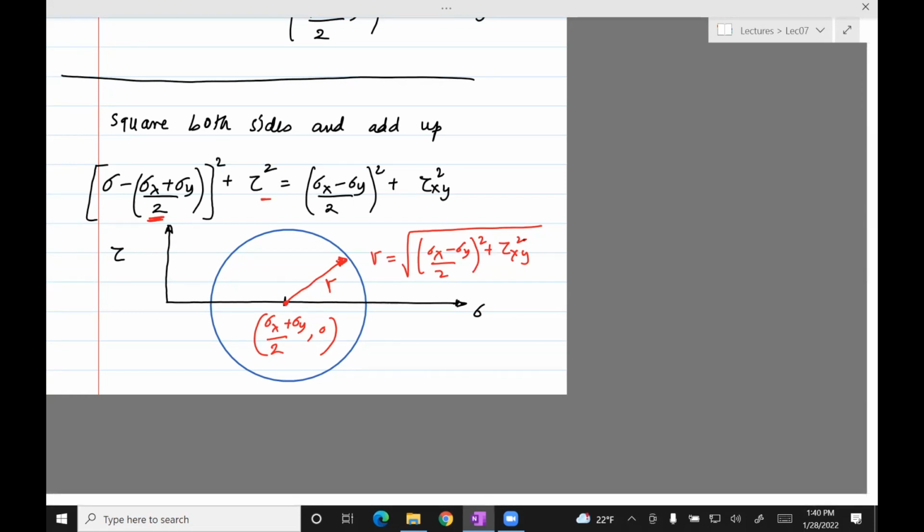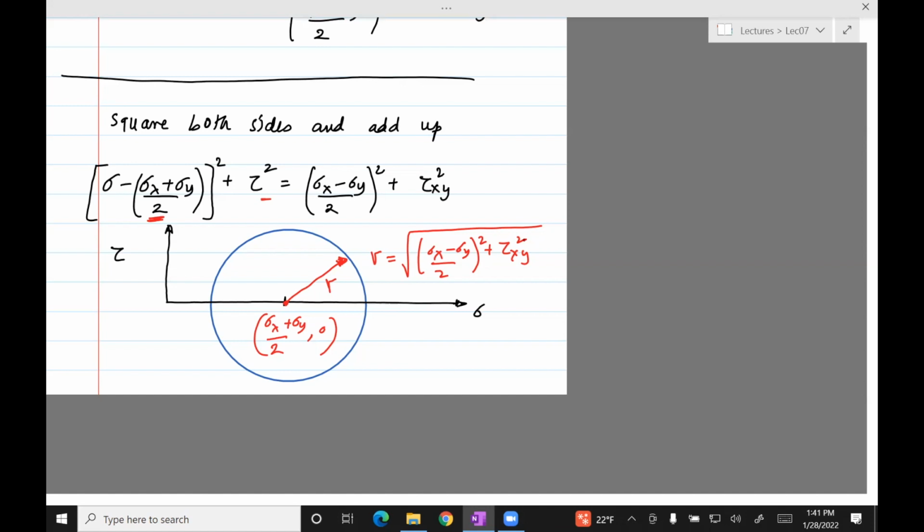And then once you make this observation, you can go back and take that plane stress element which I drew, and then you can represent sigma x, sigma y on this plot. And then you can pretty much represent sigma and tau for any angle. So the whole idea behind using the circle is that it simplifies our life in terms of interpreting the stress, sigma and tau, for any orientation.